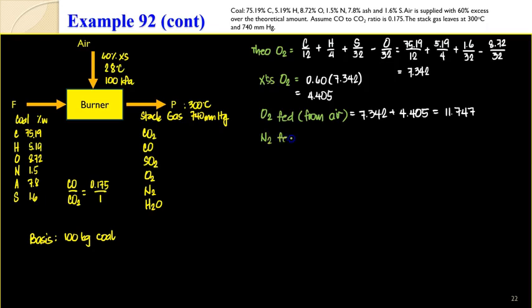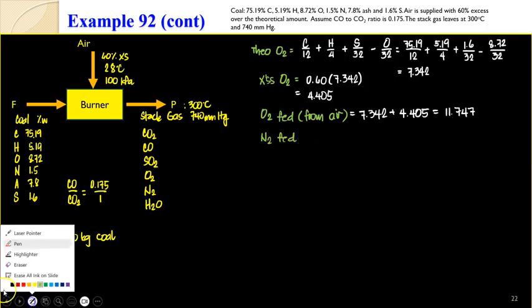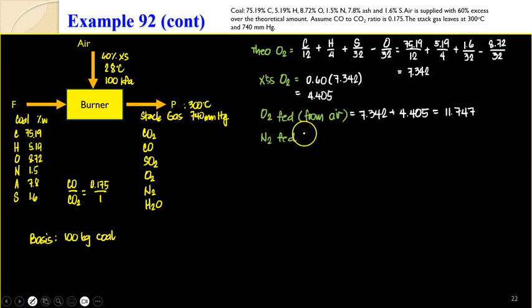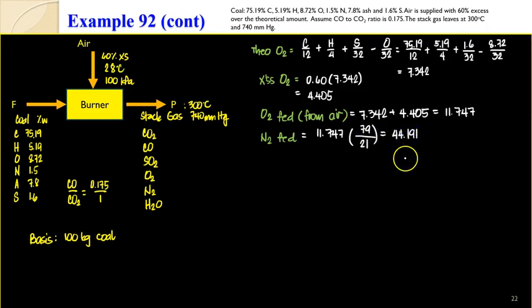Since we already have O2, we can solve for the amount of nitrogen from air, or N2 fed from air. This is 11.747 times the stoichiometric ratio of nitrogen and oxygen in air, so that is 21 parts oxygen and 79 parts nitrogen. You'll have 44.191 kilomoles.